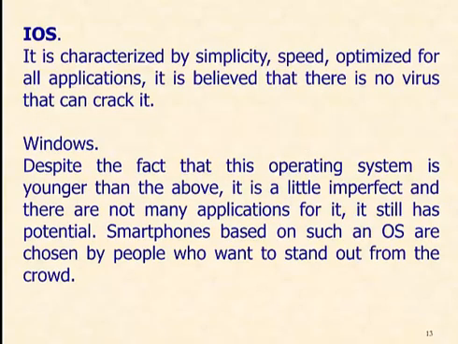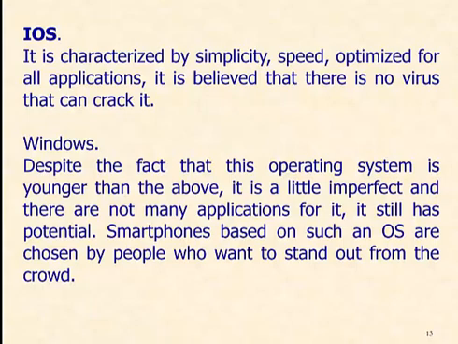iOS. iOS is the operating system from Apple. For Apple phones, it's characterized by simplicity, speed, and is optimized for all applications. It's believed that there is no virus that can crack it. And Windows.